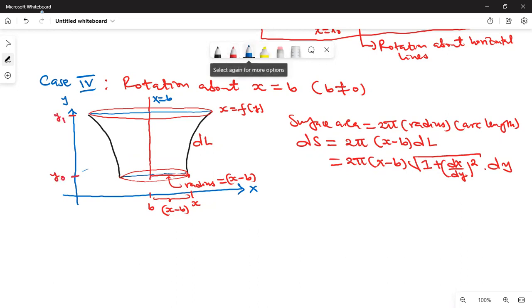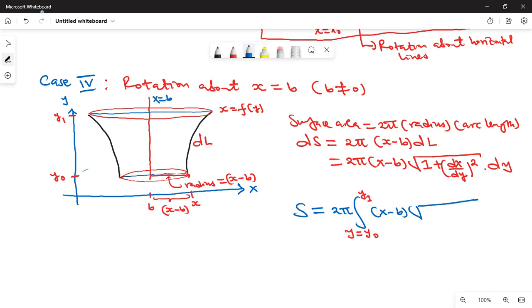So you can just see that therefore S is equal to 2 pi, a constant, factor that out, the integral from y equals y0 to y1 of (x minus b) times the square root of 1 plus (dx over dy) squared, dy.